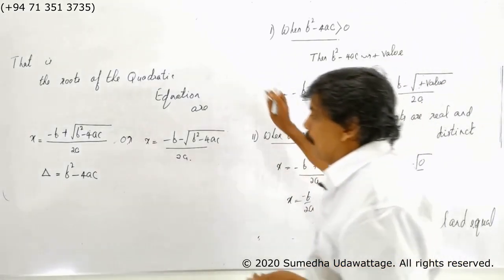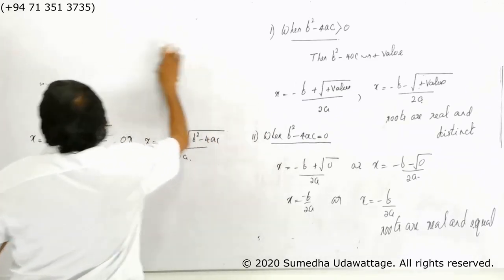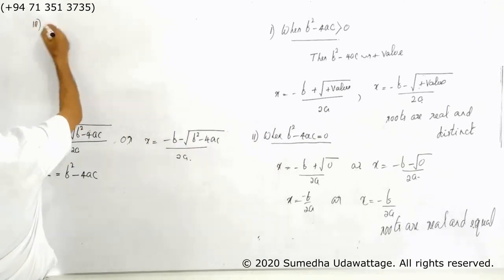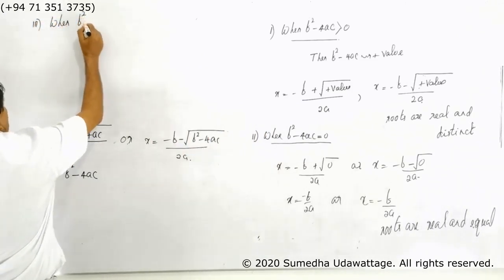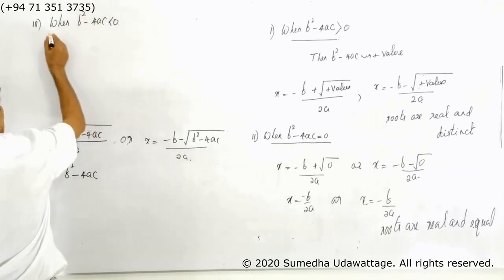Now, the third option we are to take is when b square minus 4ac is less than 0.